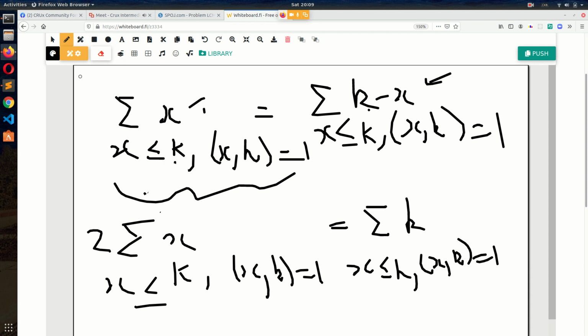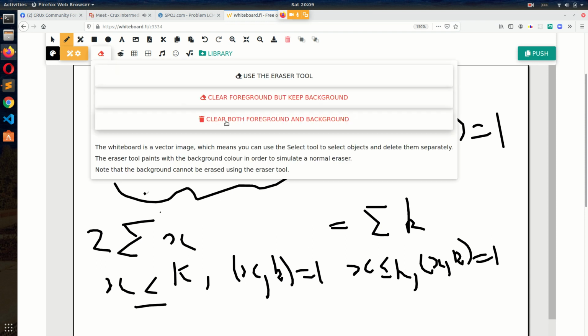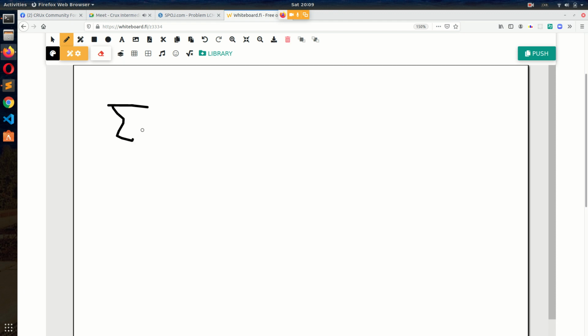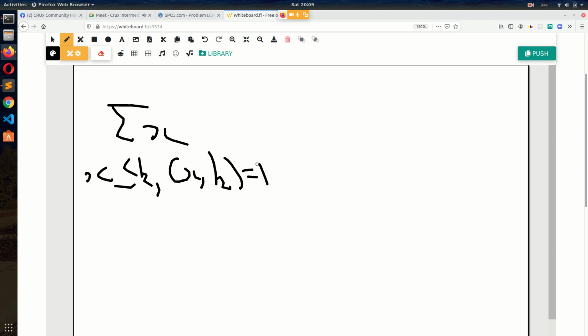And you can divide by 2 on both sides, and you would get sigma x, x less than equal to k, gcd of x comma k equals 1, equals k by 2, with the same property.